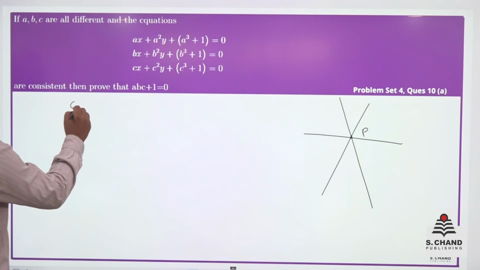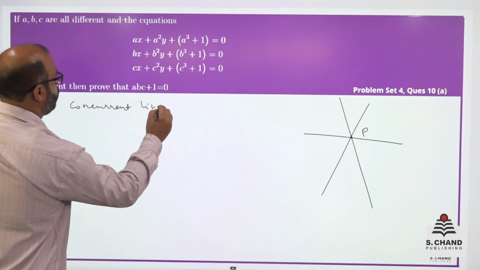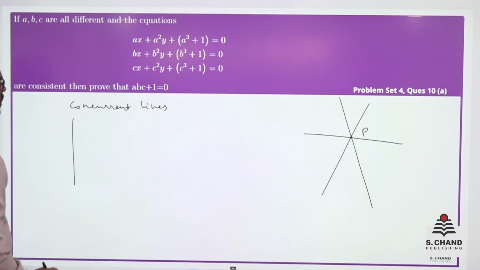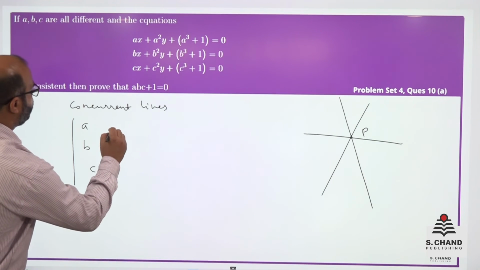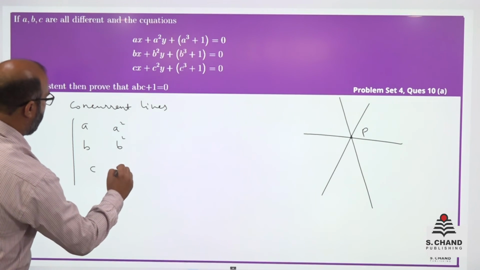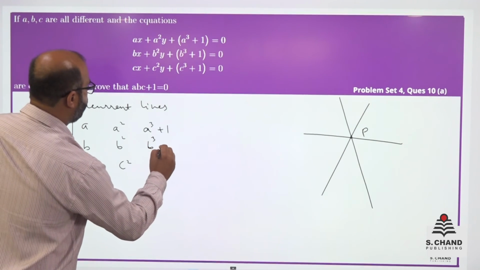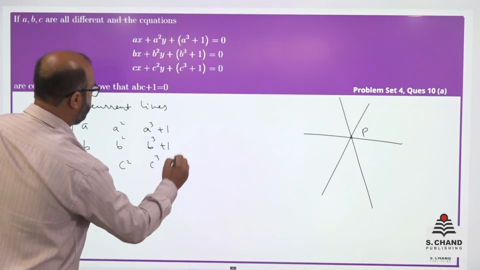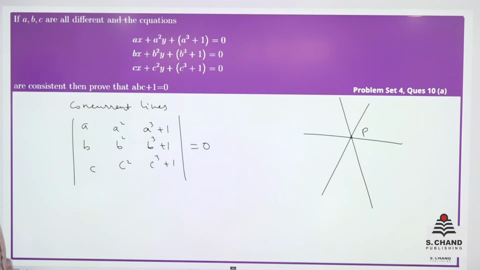So what they are saying is that these are concurrent lines, not Kramer's rule. Then in that situation we know coefficient of x, then coefficient of y, and then constant. That determinant should be equal to 0. Then we have to prove that ABC plus 1 equal to 0.